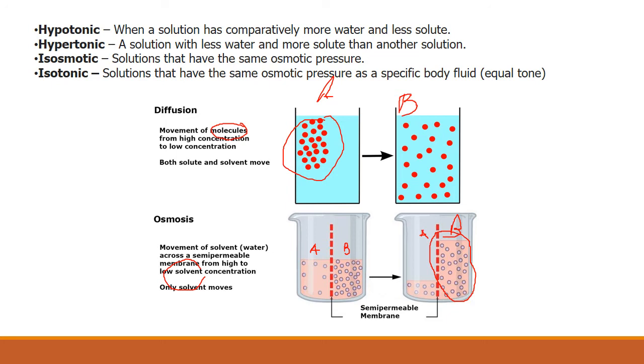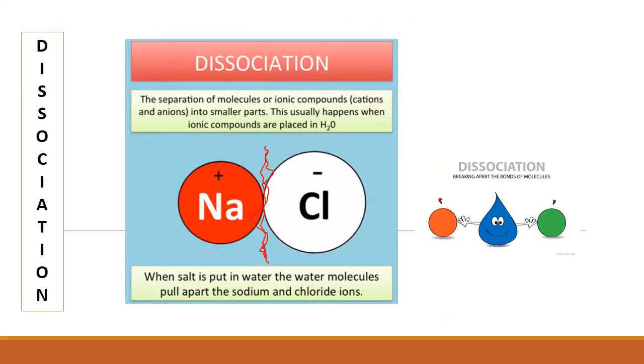So this is what it looks like. Okay, so this one's solvent will decrease and then move to B. Okay, to equilibrate the solvent and the solute concentration. That is osmosis. So we have to talk about dissociation.